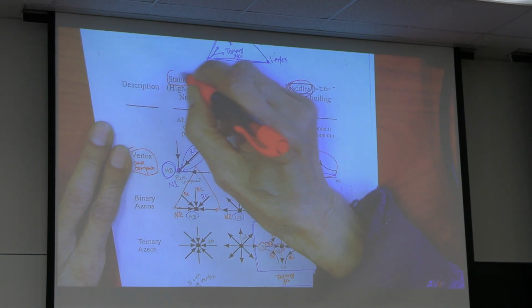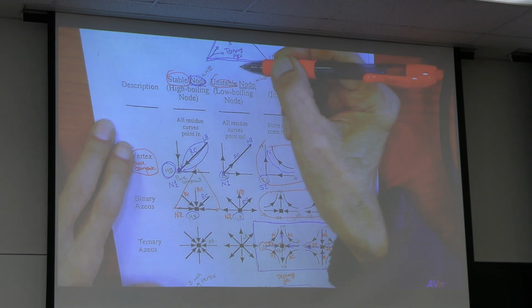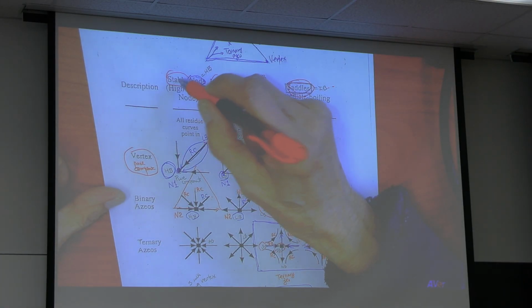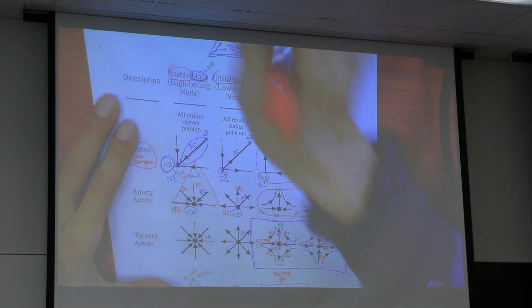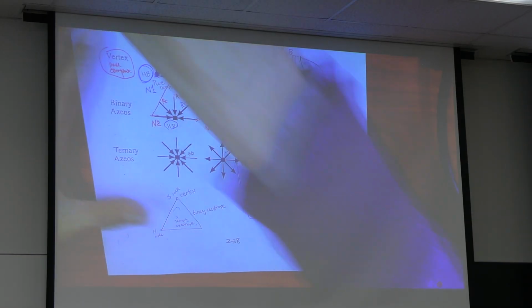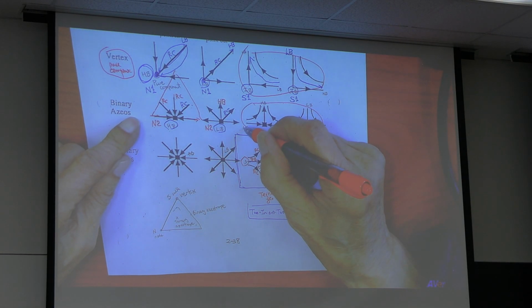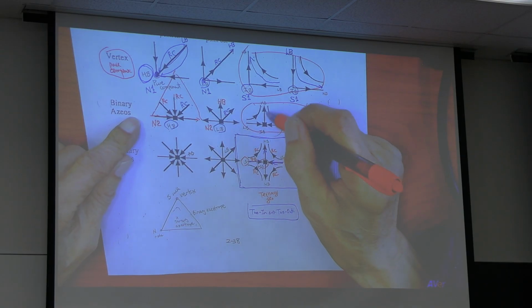Whether it's stable or unstable, I don't pay much attention, but in Aspen, you see the words stable and unstable. Here, low boiling, intermediate boiling, high boiling.